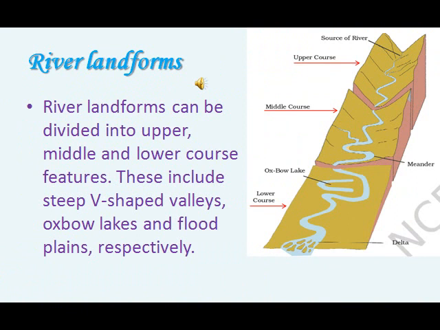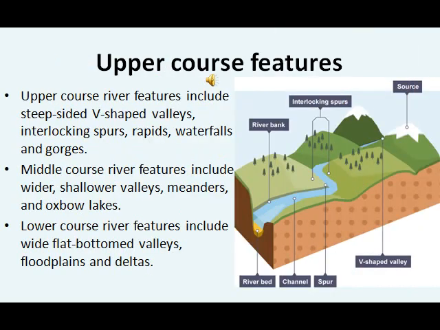River landforms. River landforms can be divided into upper, middle and lower course features. These include steep V-shaped valleys, oxbow lakes and flood plains respectively. Upper course features.